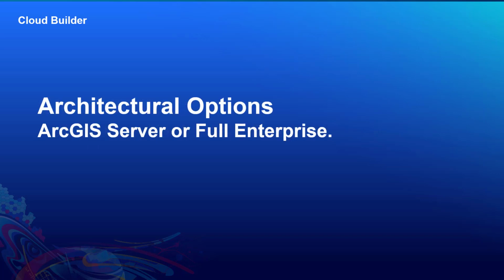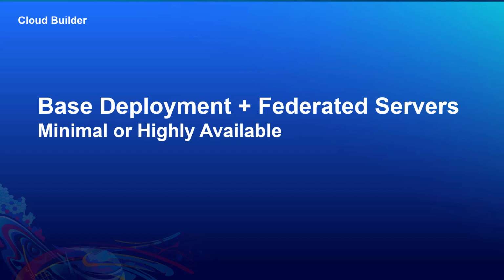Now, what does it do? It lets you deploy architectures, and there are two architecture options. You can deploy just ArcGIS Server. So there's no portal, there's no data store, it's just ArcGIS Server. The other option is the full enterprise. And so this is the base deployment plus any federated servers you want.